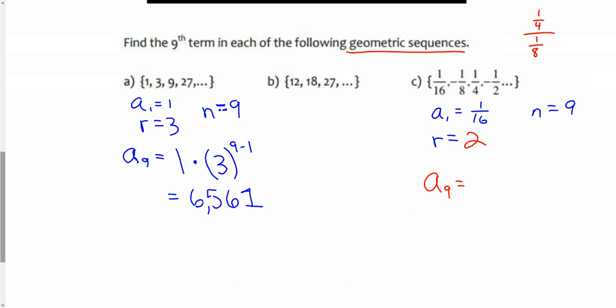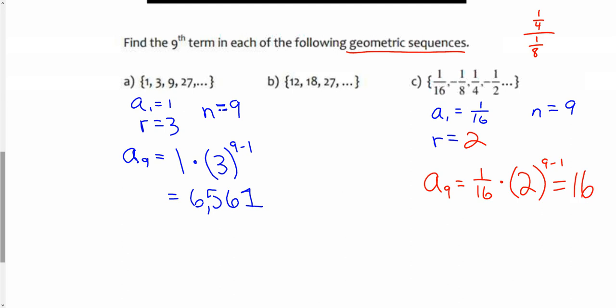So a sub 9 is equal to the first term, 1/16, times the common ratio, and then 9 take away 1. Yeah, final answer is 16.